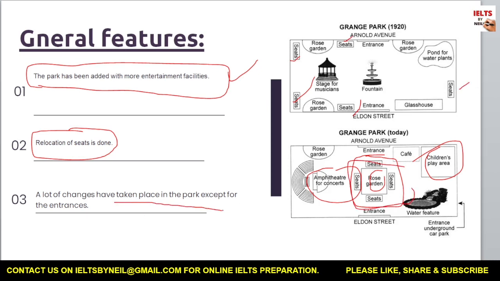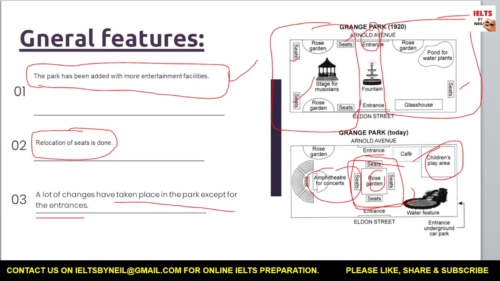And a lot of changes have taken place. Park except the entrances means, see, a lot of changes on this side and a lot of changes on this side have taken place except the entrance, which is this one, and entrance this one, right? So pretty much everything has changed except the entrance and this rose garden here.